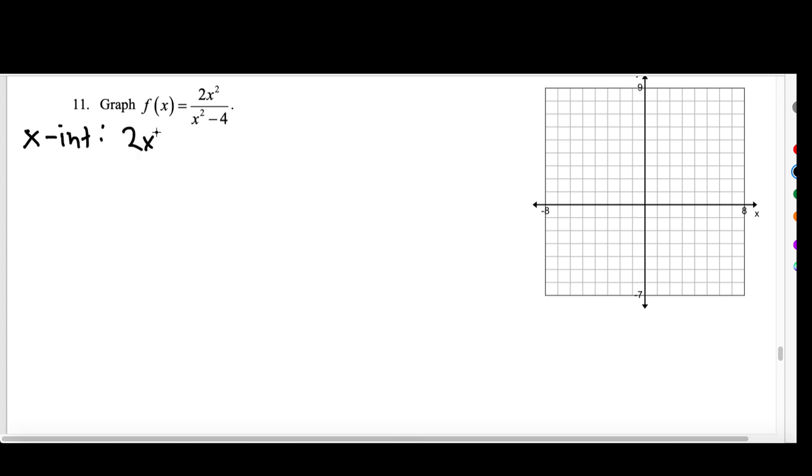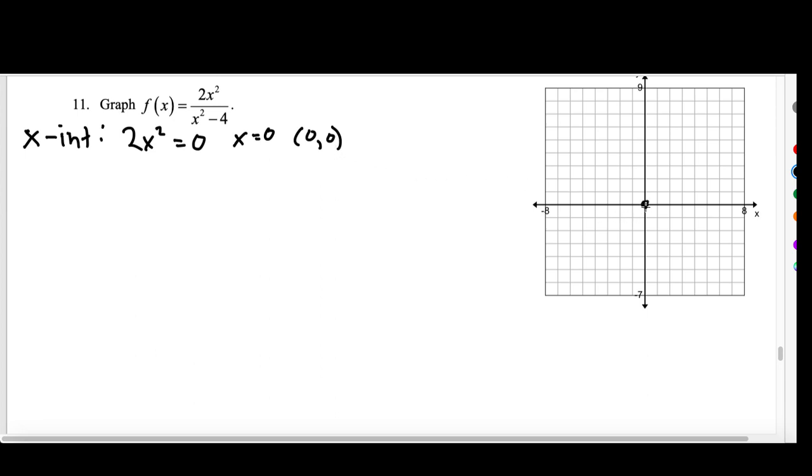So we could say 2x squared equals 0. And if you solve that for x, you'll find that x equals 0, right? So when x equals 0, y equals 0, so the point 0, 0 is the x-intercept. It's also a y-intercept. It's the origin, right?